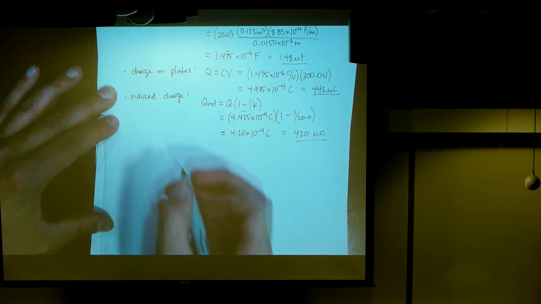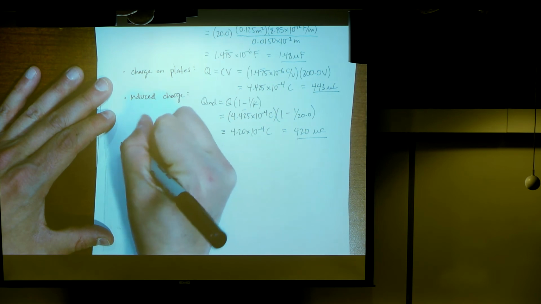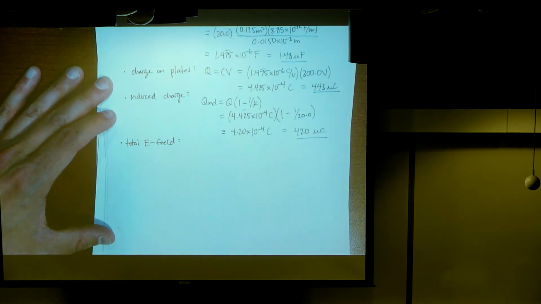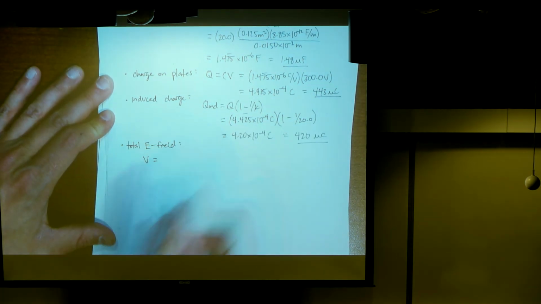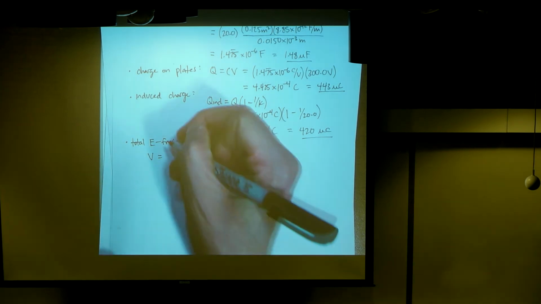Right, let's do some other stuff. The total E field. Let's get that. Well, remember we worked this out earlier, but if we calculate the potential difference from one plate of the capacitor to the other, that's given by E times d.